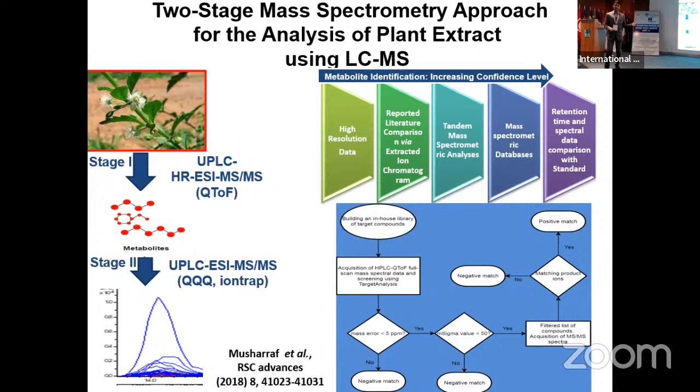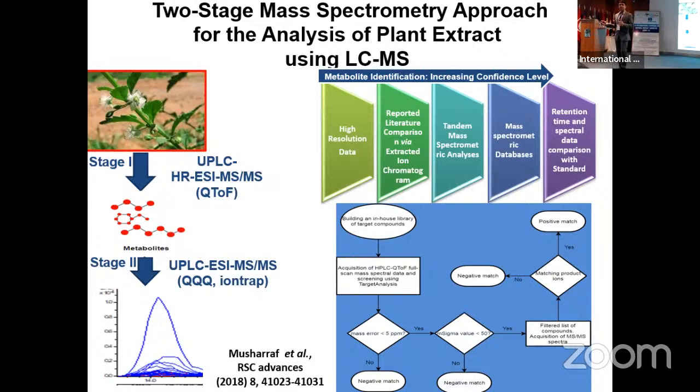In the second part, we focused more on liquid chromatography ESI MS/MS method development, which we have named a two-stage protocol. In the case of plants, the first objective is to develop a chemical fingerprint, to identify the number of metabolites associated with a particular plant species.